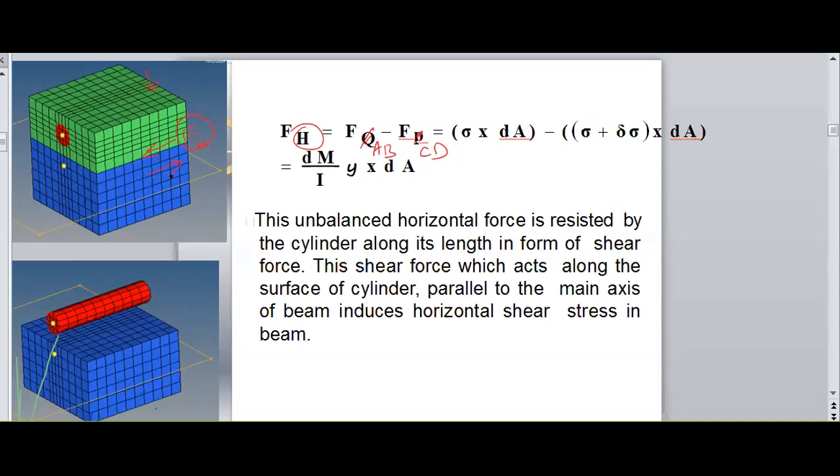That force is called the horizontal force. Here I am applying in terms of stresses and substituting in terms of bending moment. Therefore, M and negative M will cancel, so we are getting dM by I y into dA, the horizontal force applied along the green direction.